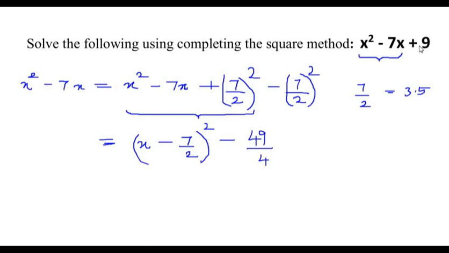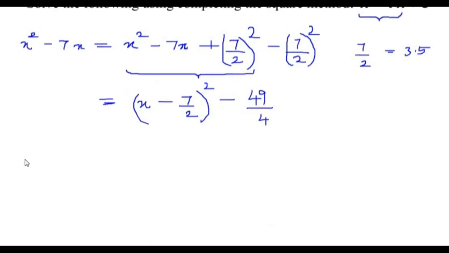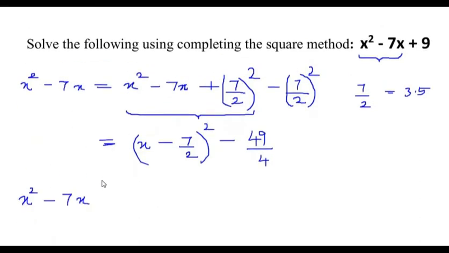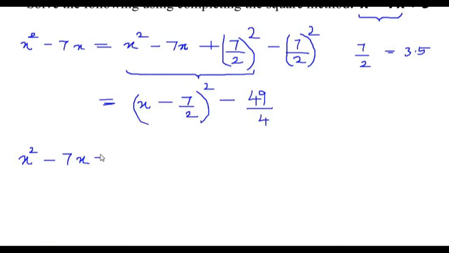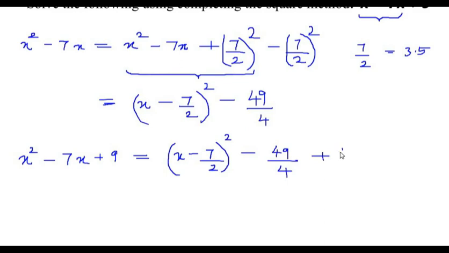Now we will add the plus 9 which we had left earlier. So x square minus 7x plus 9 equals, so it is x minus 7 over 2 the whole squared minus 49 over 4 plus 9.